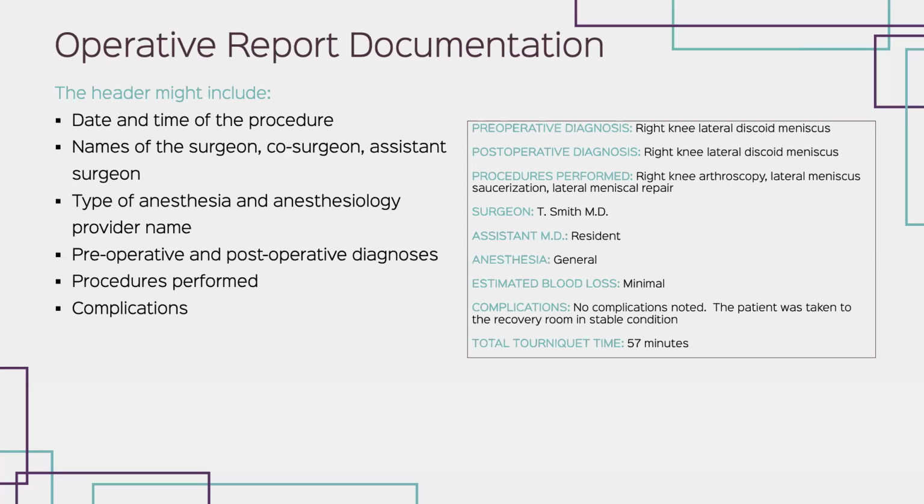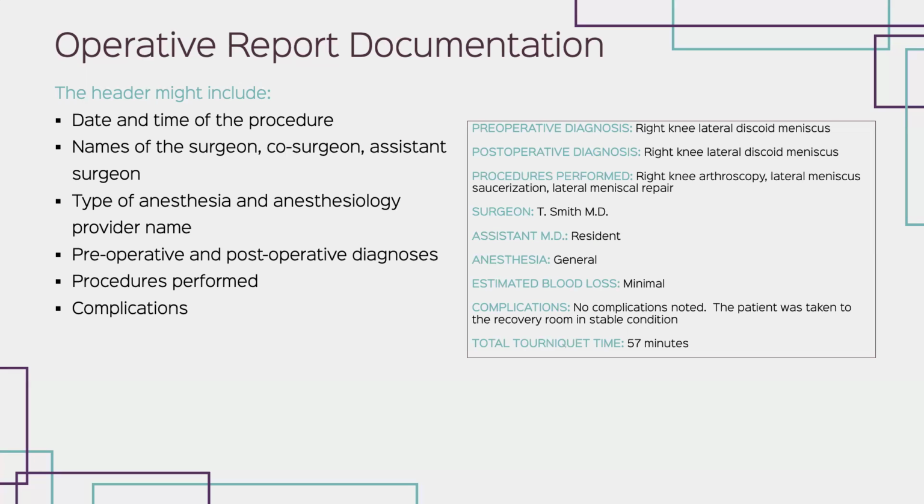Your operative reports are going to be a little bit different. They are going to be used to document the detail of a procedure that is performed on the patient. Most of your operative reports will have a clear header and then a clear body of the report. So the header of the report could include the date and the time of the procedure, the names of any surgeons, co-surgeons, and assistant surgeons.